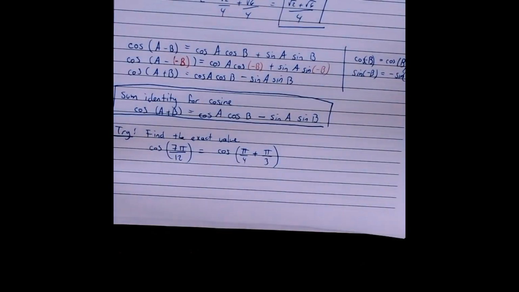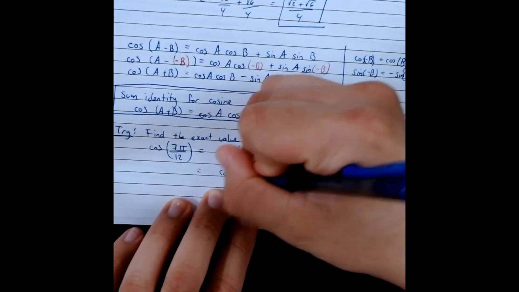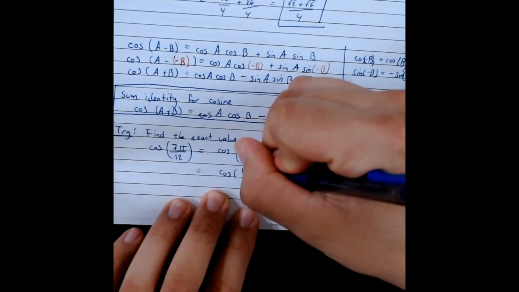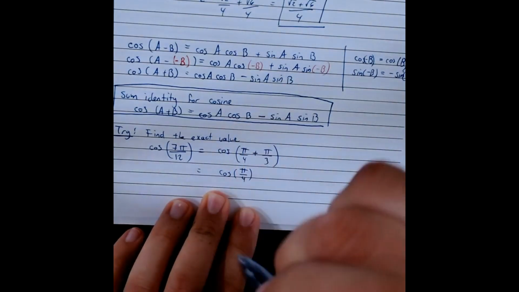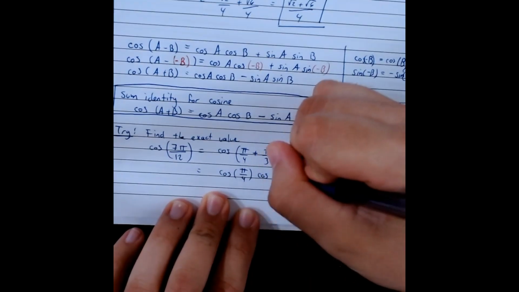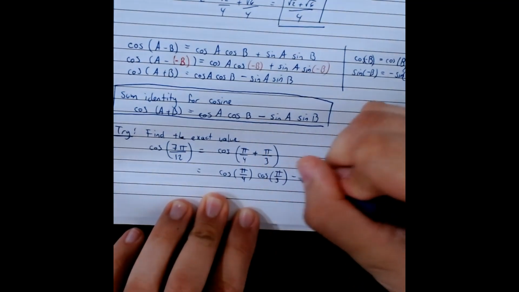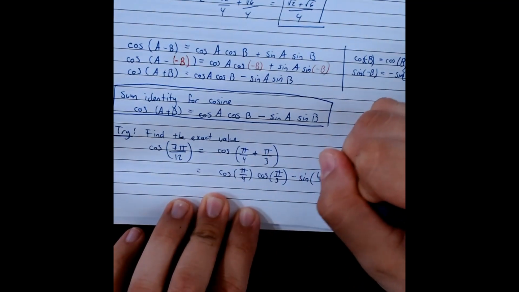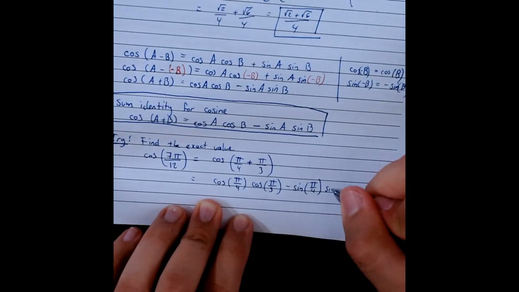And that's going to be very similar to the one we just saw. All right, so if we have this value here, we're going to do that by taking the cosine of pi over 4 times the cosine of pi over 3 minus the sine of pi over 4 times the sine of pi over 3.